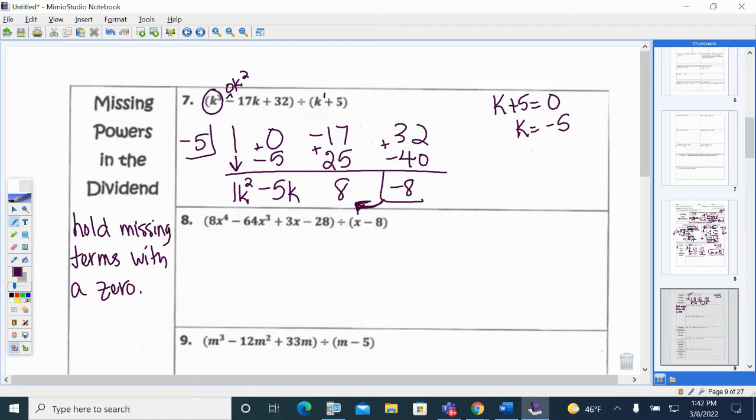And again, the number that's in that box is always the remainder. So my answer is k squared minus 5k plus 8 minus 8 over that k plus 5.